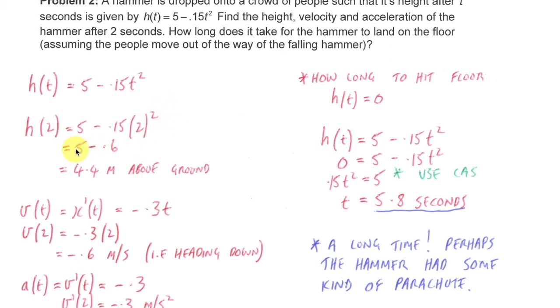Firstly, let's work out its displacement after 2 seconds. So we need to substitute 2 into the h of t function, or the x of t function, to produce 4.4 meters above the ground, because it's positive.